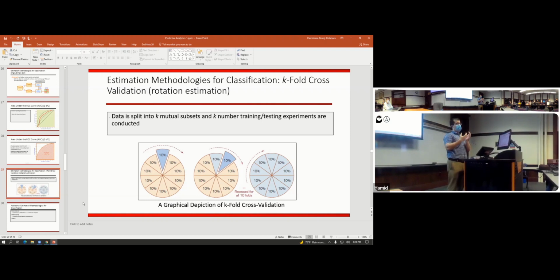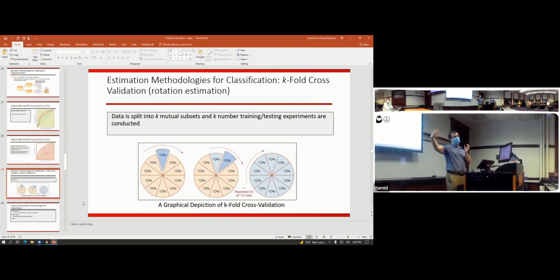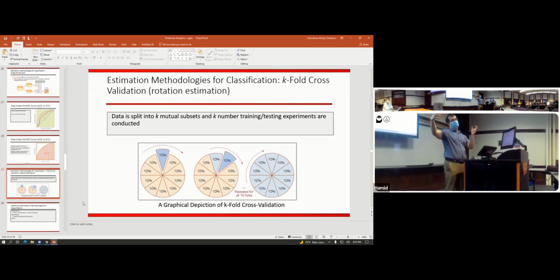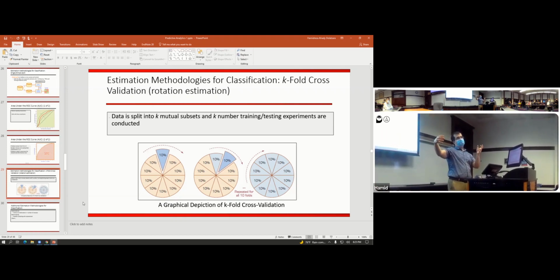Next step, you put that segment back, you pick another one as your validation set, and again you train your model on the 9 sections and predict the segment that you took out.